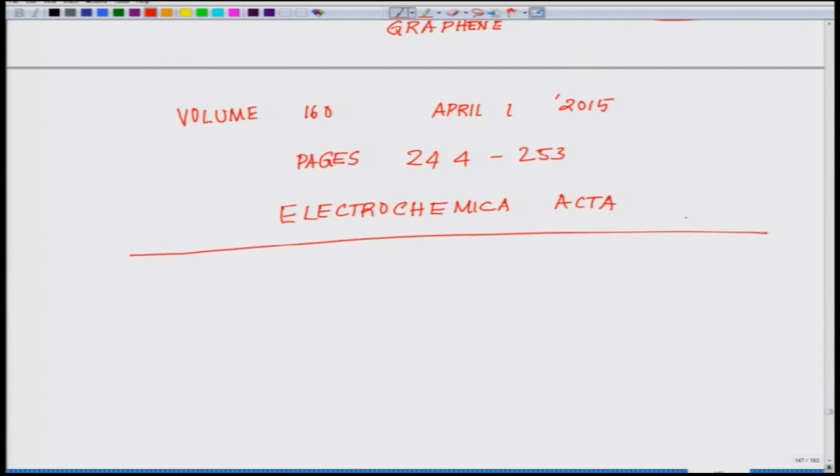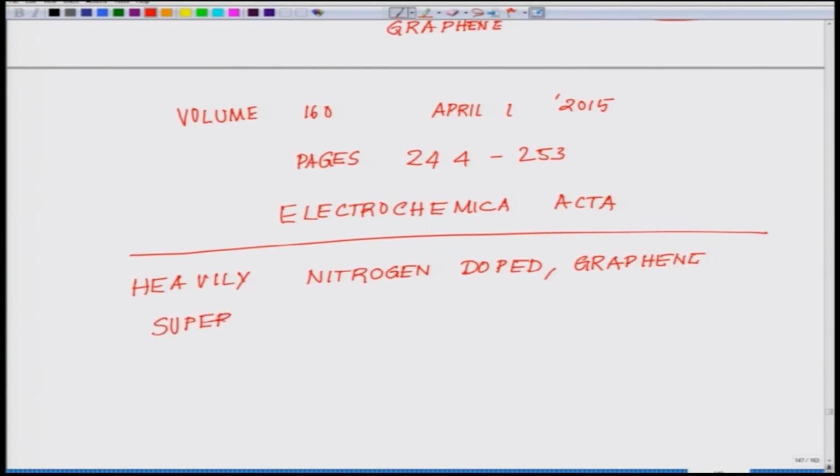This is the reference, and the paper title is heavily nitrogen doped graphene supercapacitor, and this is what we will be demonstrating in the class. Supercapacitor from silk cocoon.